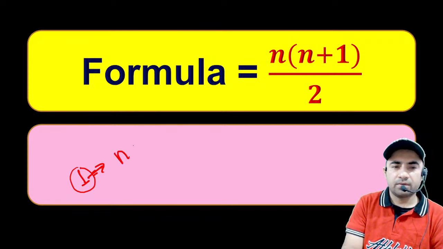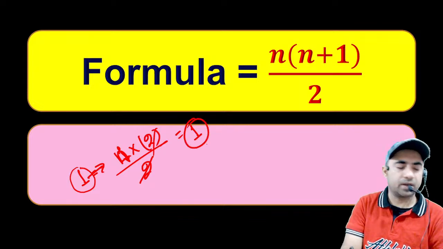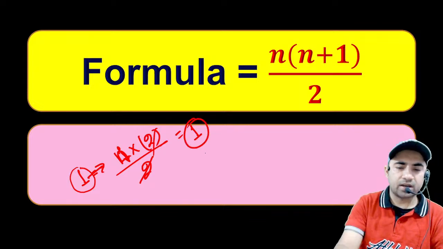So 1 into 1 plus 1, which is 2, divided by 2. So this 2 cancels out. So the first triangular number is 1. The smallest triangular number is 1.